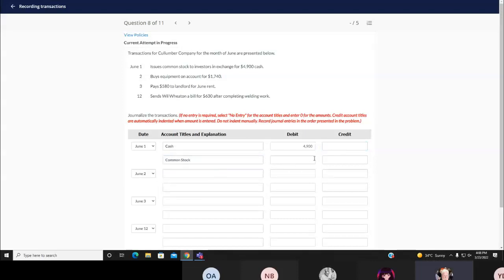Right. And you put it on the credit. No, on the credit, yeah. There, you recorded the journal entry. That's it. That's all you have to do. Now, buy equipment. You just did these before. Buy equipment on account. Which two accounts?